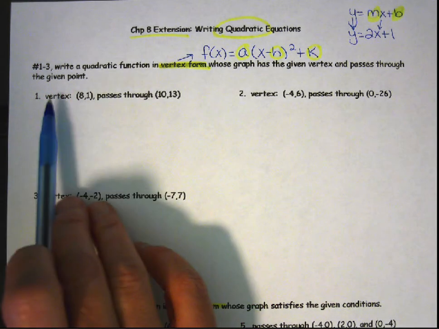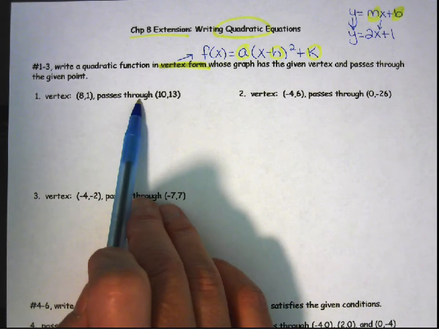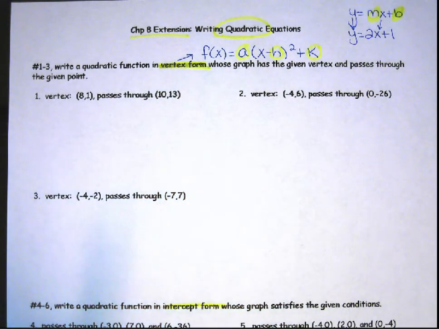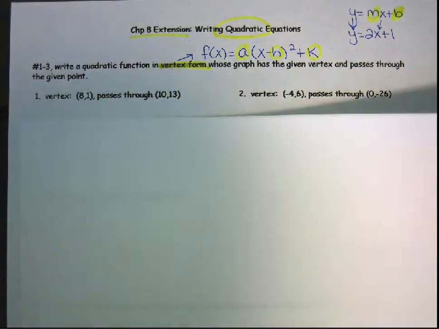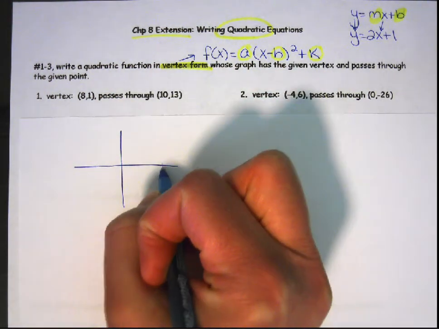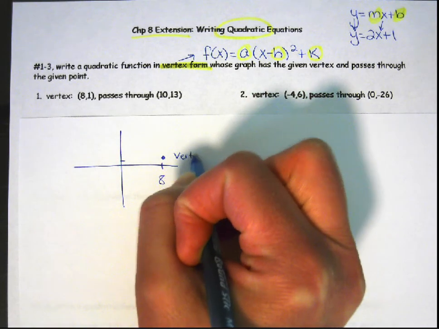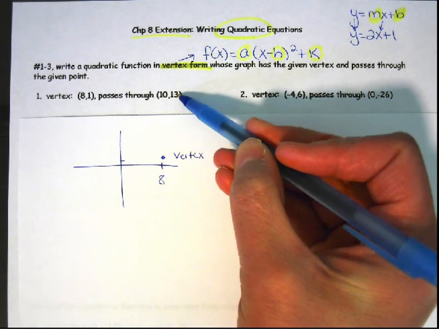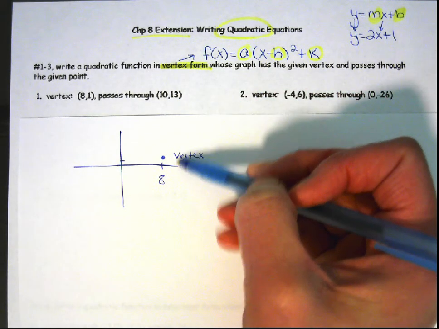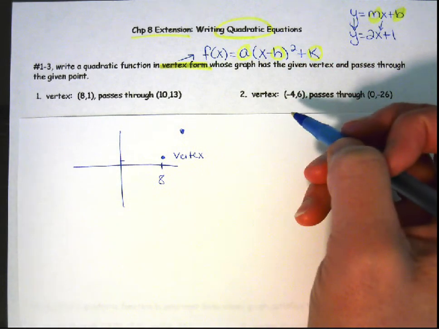Number 1 is giving us the vertex, and it's telling us it passes through this point. Again, I'm not going to draw a perfect picture here, but if we were to do a rough sketch, if we were to go over to 8 and up to 1, that would be our vertex. Now this point, say 10, 13, that's just the side of the parabola.